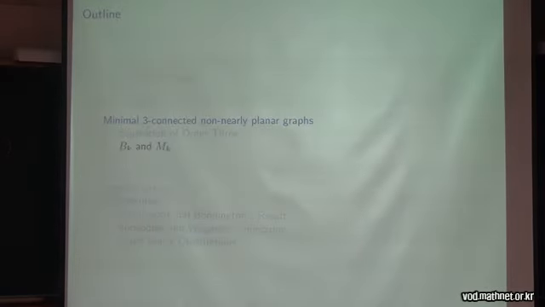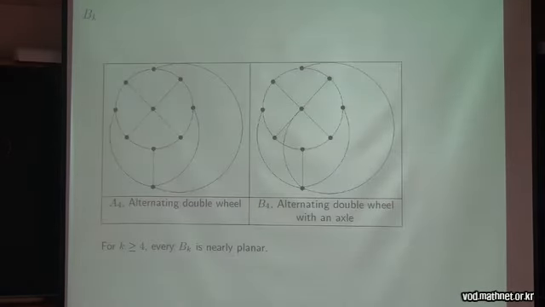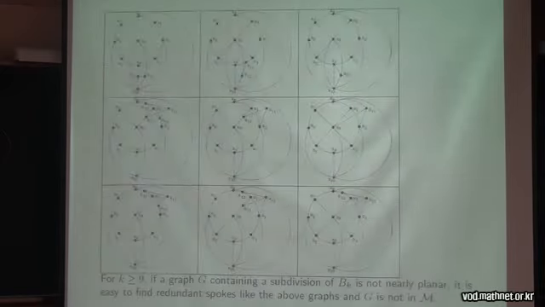So BK and MK. BK is coming from alternating double wheel, and we add on an axle, so it becomes nearly planar graphs. And in the subdivision of BK, we will add more axes and vertices to make not nearly planar graphs.